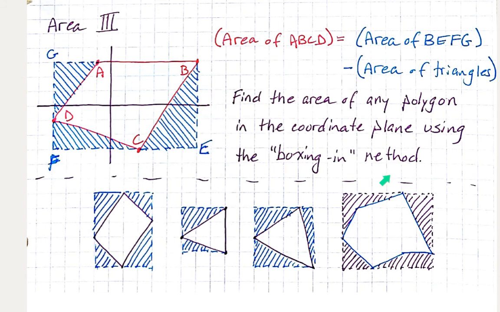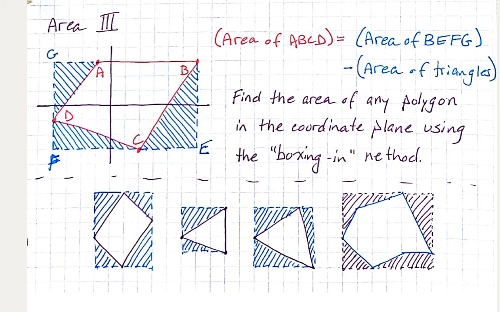So still, I'm surrounding the shape with easy to calculate shapes in order to blow it up into this big box or rectangle. I can easily find the area of the rectangle, and I can easily find the areas of all the little surrounding shapes. I subtract, and that gives me the area of whatever's left over in the middle. It's a very useful method, which we're going to be using. We're definitely going to be using this method later on.